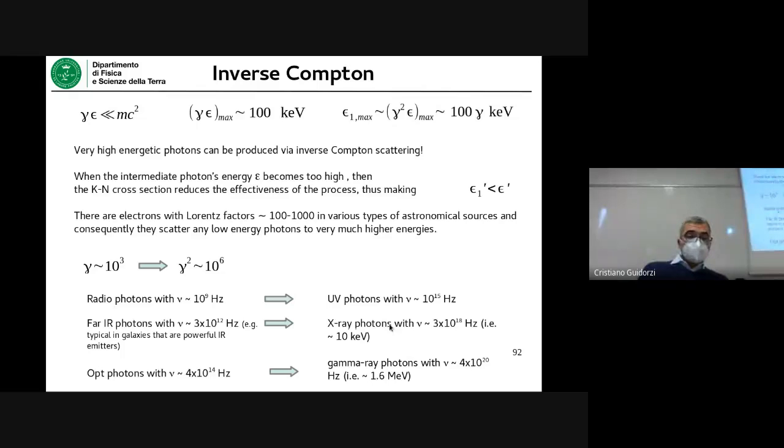So just looking at the way you can turn relatively low energetic photons into extremely energetic photons, this is a very powerful way, which we see in place in many different contexts. I will just make a few examples, but there are many examples that can be done depending on the context.